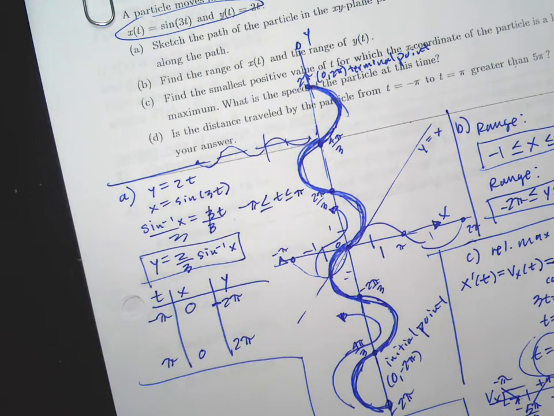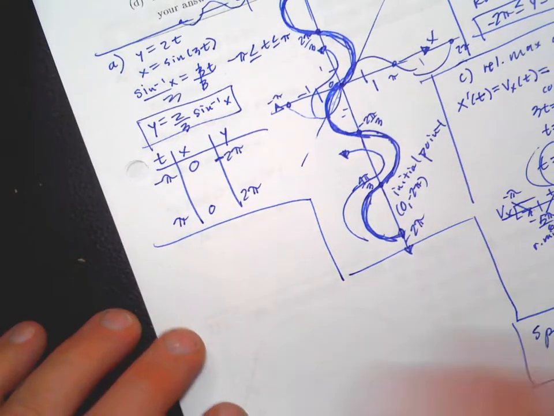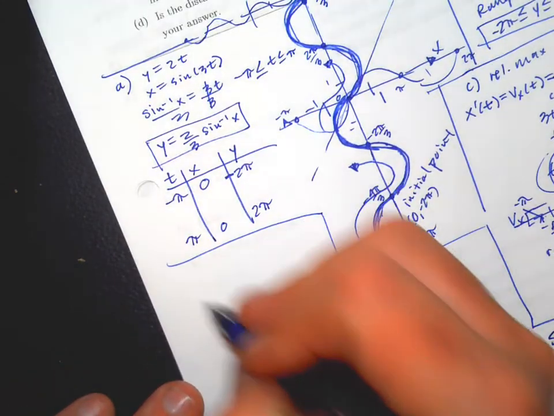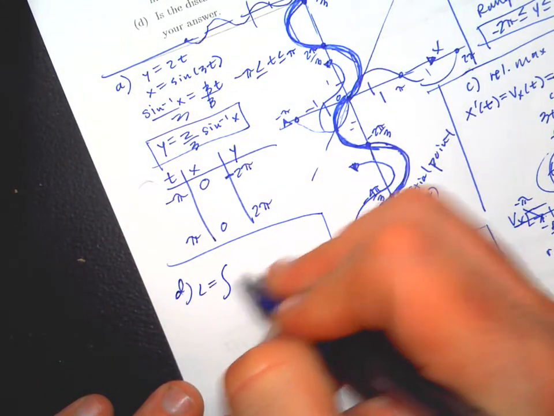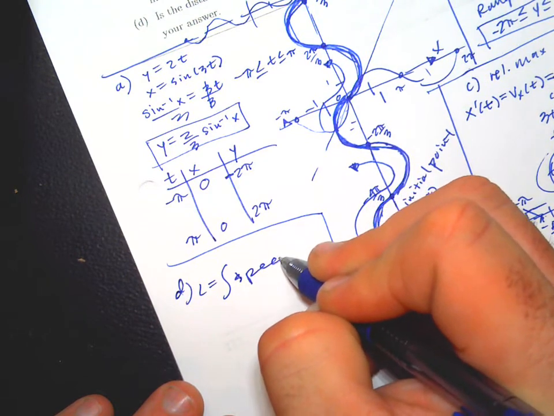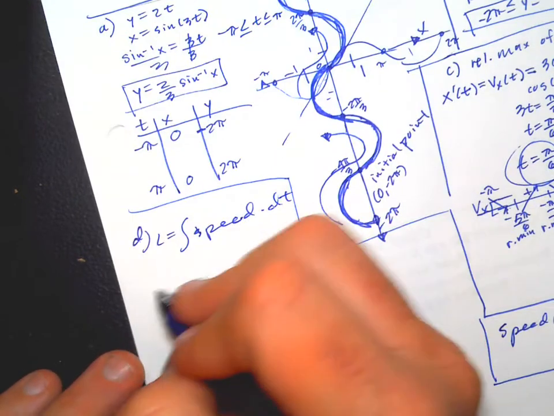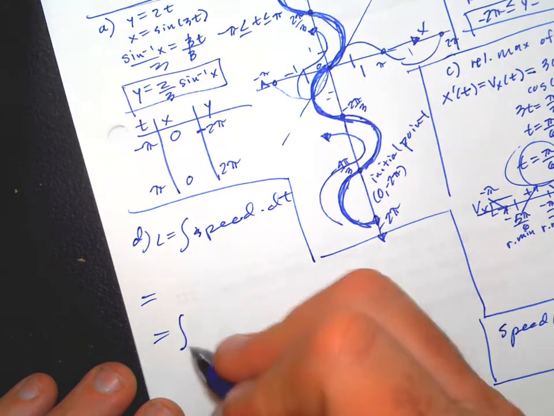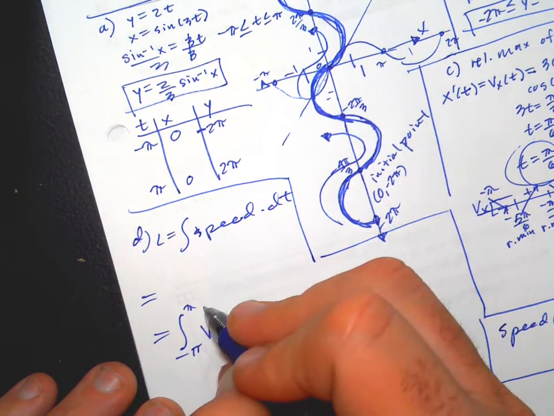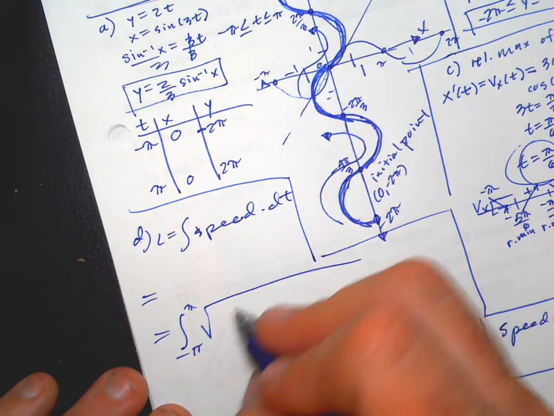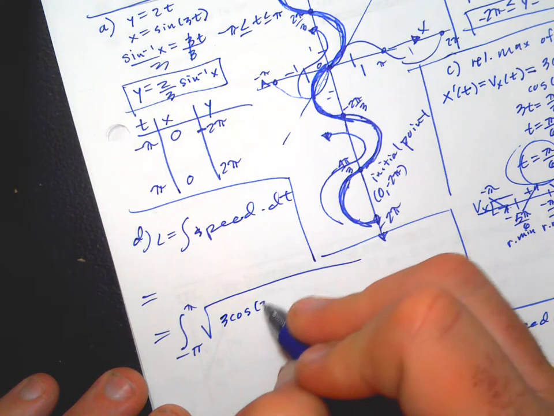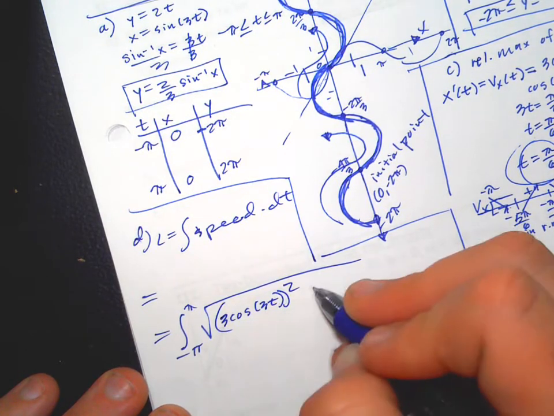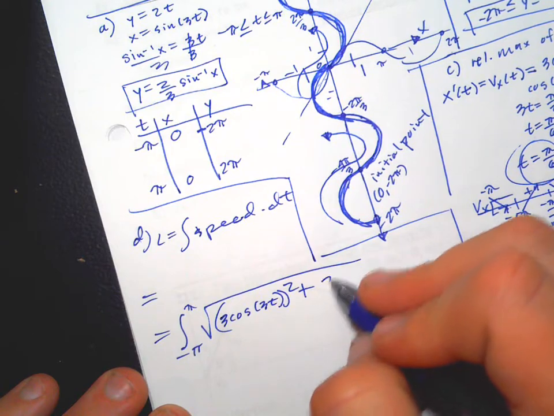All right, part D says, is the distance traveled by the particle from negative pi to pi greater than 5 pi? Justify your answer. It's the distance traveled. Well, how do we find distance? Distance is this length, which is the integral of speed dt. So from negative pi to pi, it's going to be the square root of dx/dt, which we just figured out was 3 cosine 3t, squared, plus dy/dt, which was 2, squared, dt.